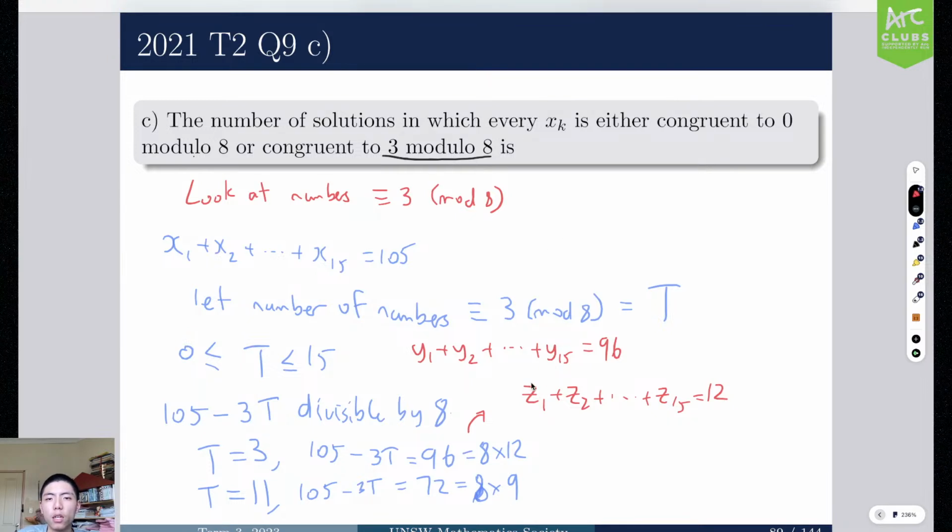So we know that z1, z2, up to z15 have to be non-negative integers because y is a multiple of 8, including 0. That means if we divide by 8, then z just has to be a non-negative integer.